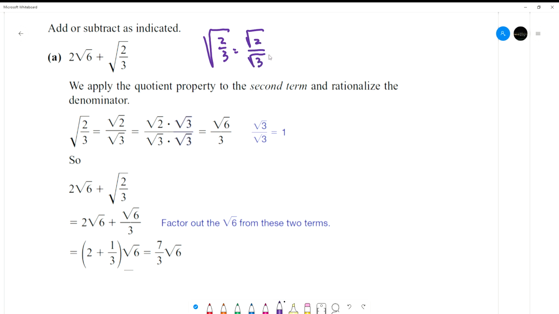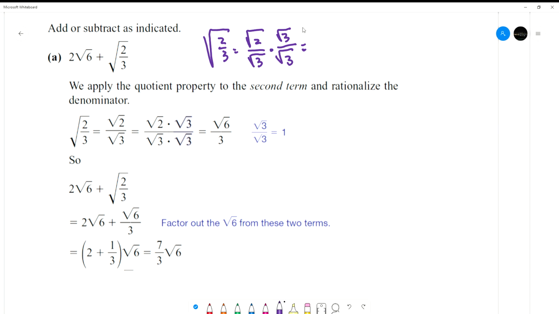And because we don't want radicals in the denominator, we have to rationalize. Rationalize means you multiply to get a perfect square. So we have to multiply by root 3 over root 3, which is a value of 1. Therefore, the value of this entire number doesn't change. It's just the way it looks that changes. So we have something equivalent.